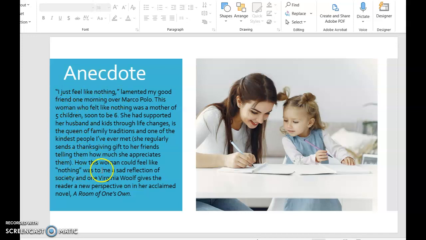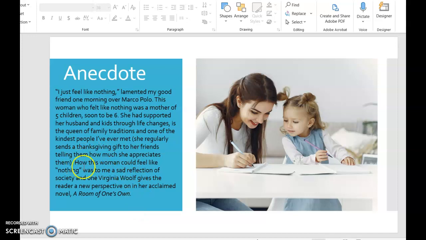And then this is really the context here. So I'm going to say how this woman could feel like nothing was, to me, a sad reflection of society. And in that, I'm going to lead into my thesis, one Virginia Woolf gives the reader a new perspective on in her acclaimed novel, A Room of One's Own. If I was going to write an actual paper, I would have a specific statement after here that would be my thesis.